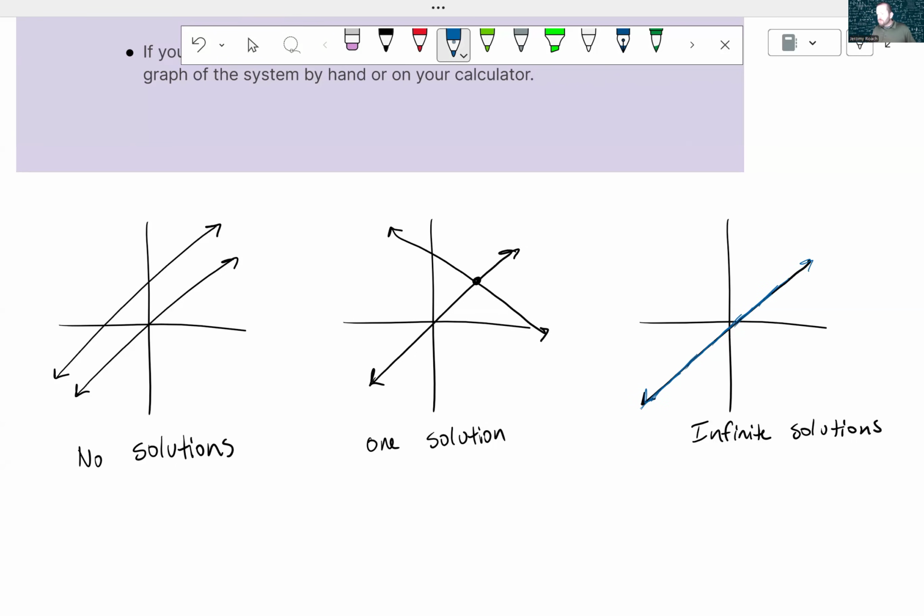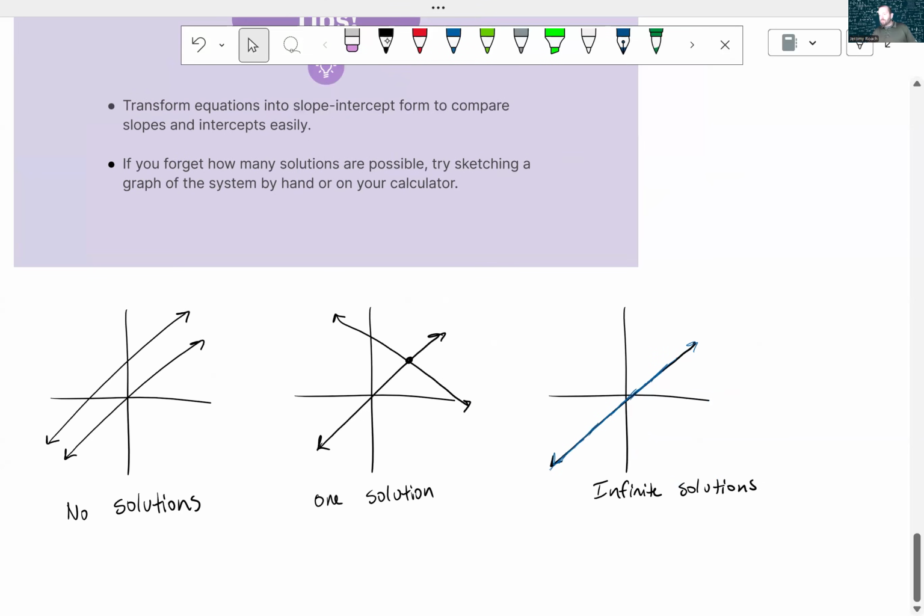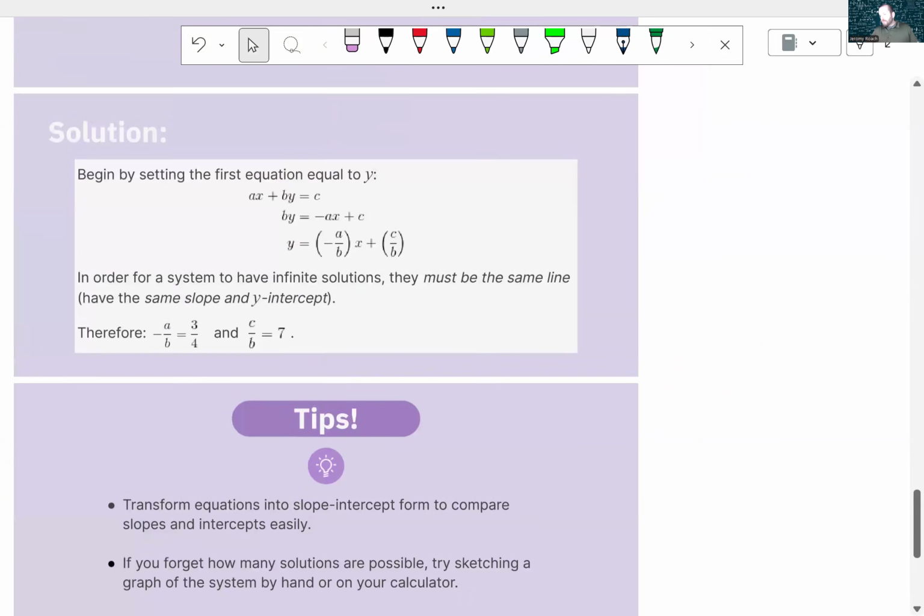And you've got to be careful with the infinite solutions sometimes because just by looking at the equation, sometimes it looks like two different solutions, and you might think that it has one solution, but really it can be infinite solutions. So ultimately, I would suggest graphing these on Desmos whenever possible. That way you can just make sure that it's the same line on Desmos.